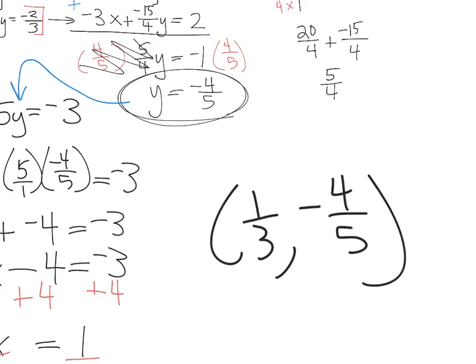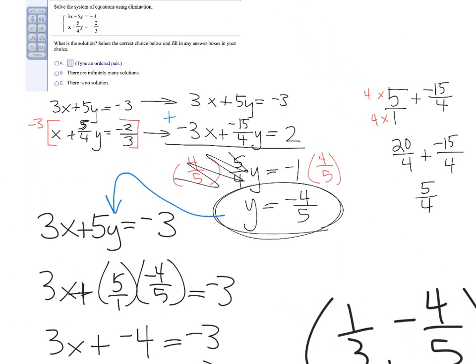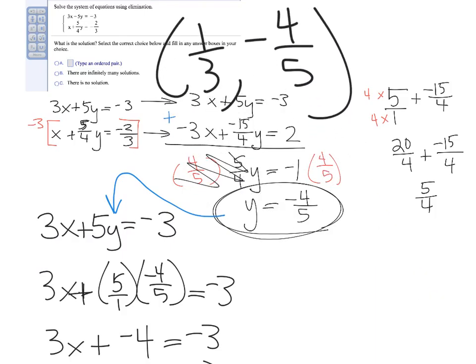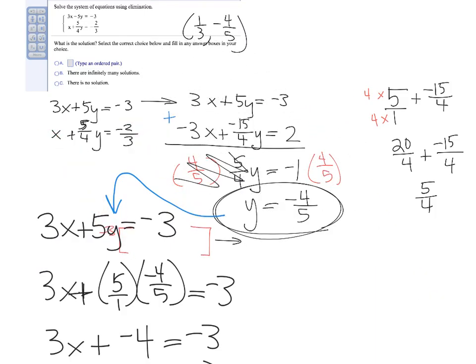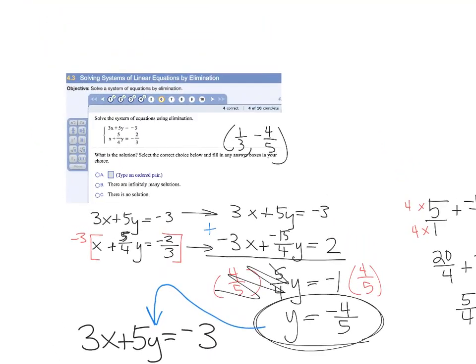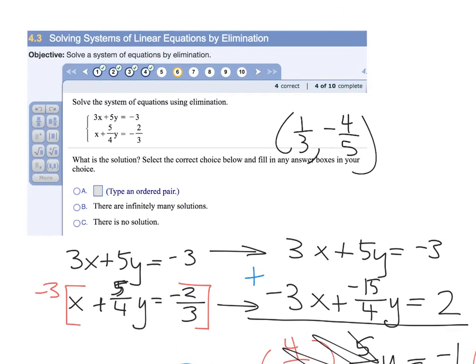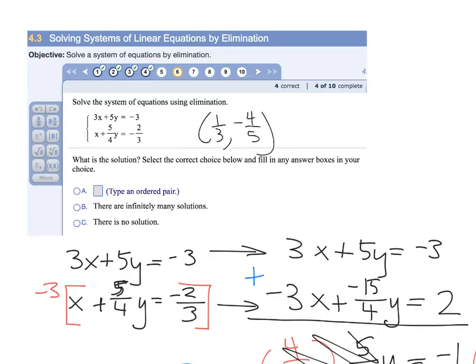So if we wanted to know where these two lines intersected, they would intersect right here. Whoa, undo. I don't know where that came from. Oh, right there. Good. They would intersect at 1/3, comma, negative 4/5.